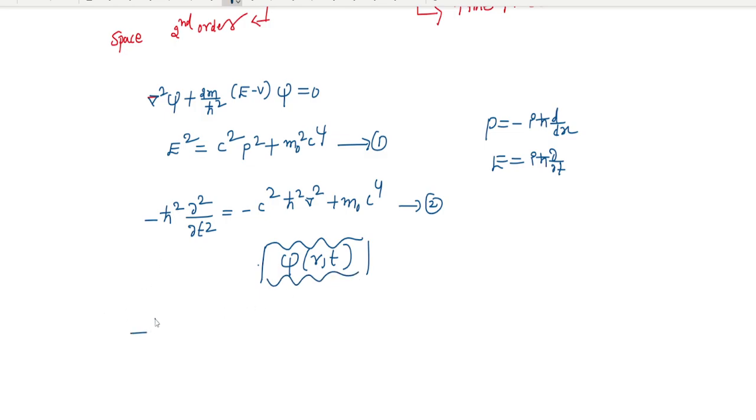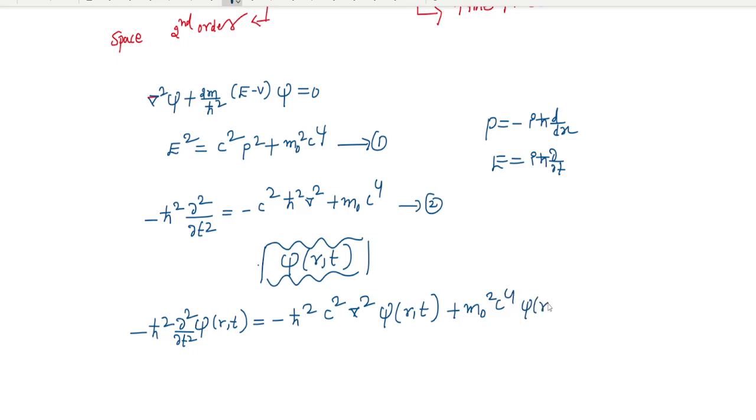Our equation is h cross square d square psi of r comma t divided by dt square, space and time, equals minus h cross square c square del square psi of r comma t plus m naught square c power 4 psi of r comma t.